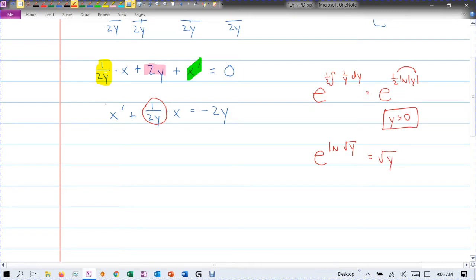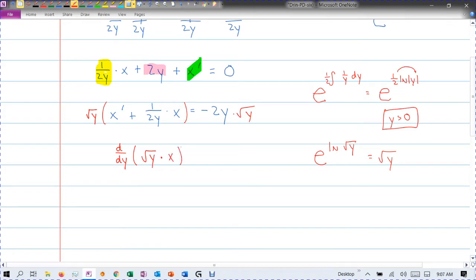We're going to now take this equation and multiply both sides. I haven't been showing this step, but we multiply both sides by square root of y. On the left-hand side, we already know this turns into the derivative of a product, but it's the derivative with respect to y this time of the integrating factor, square root of y, and instead of times y, we do times x.